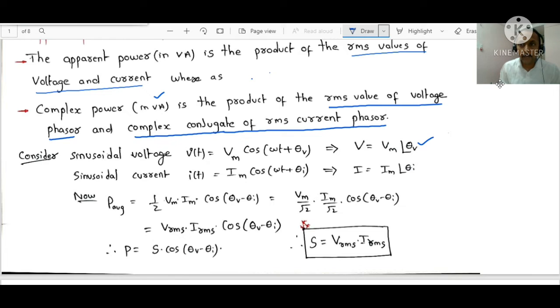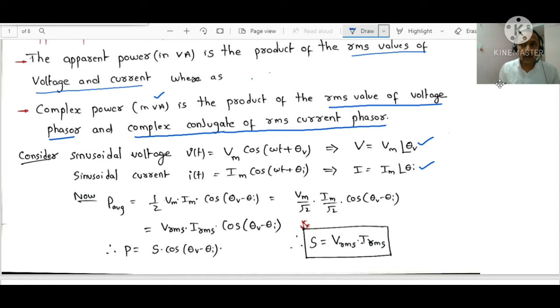Similarly, if you have current i(t) equal to Im cos(omega t plus theta i), what about its phasor representation? Capital I equal to Im at an angle theta i. These two are the phasor representations.